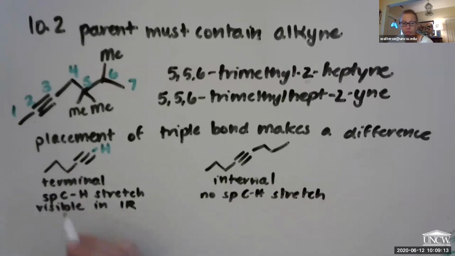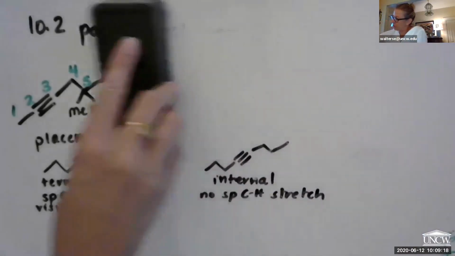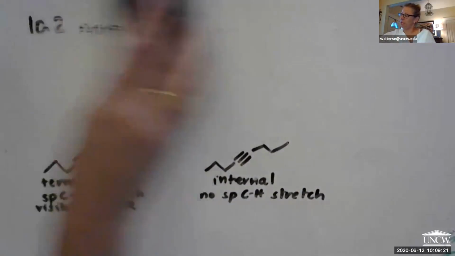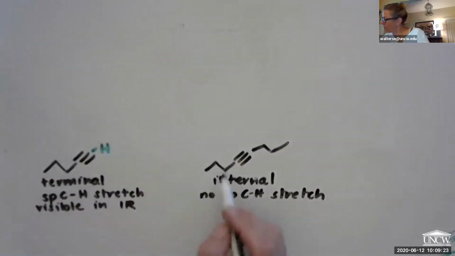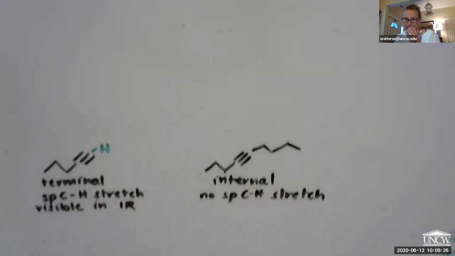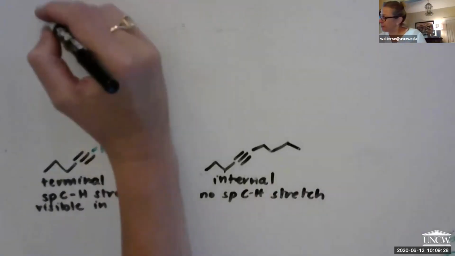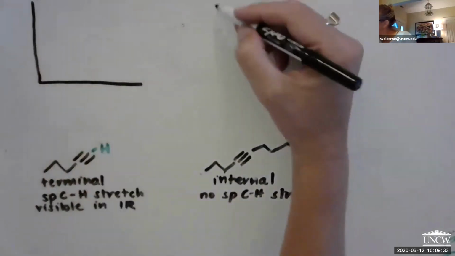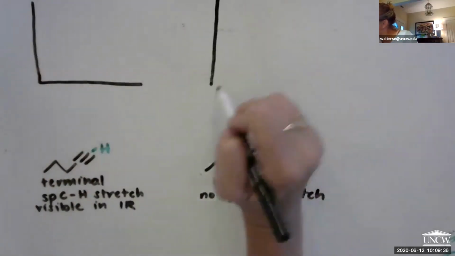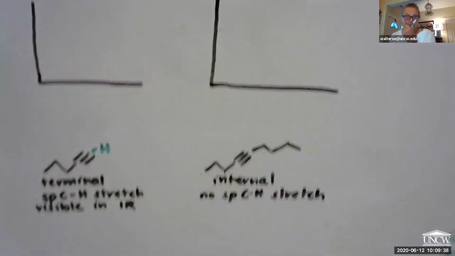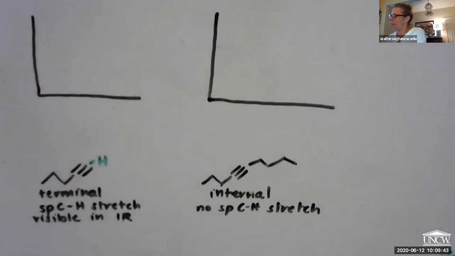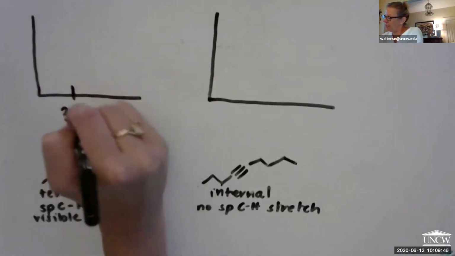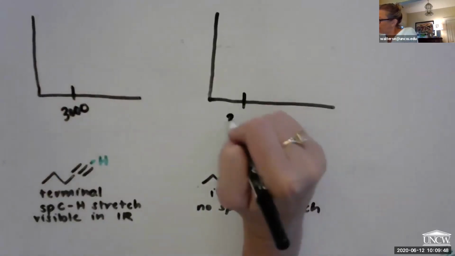So if you drew the IR of these two different structures, okay, I have to make a slight change over here. Make it asymmetric. We didn't talk about how symmetry affects infrared, so we're just gonna make it asymmetric so we don't have to worry about that. So here's your 3000.